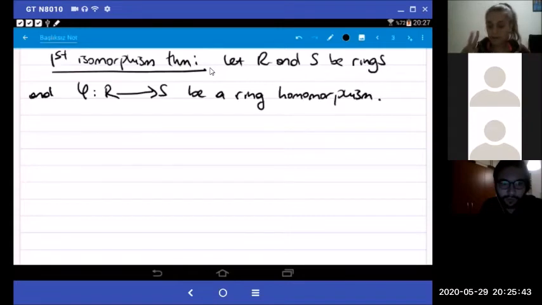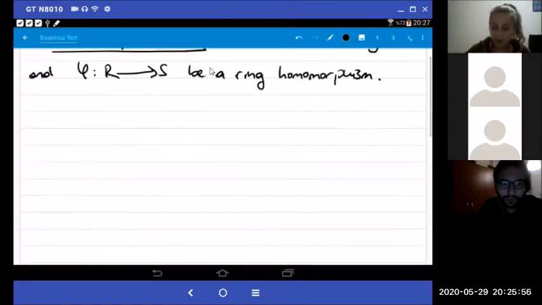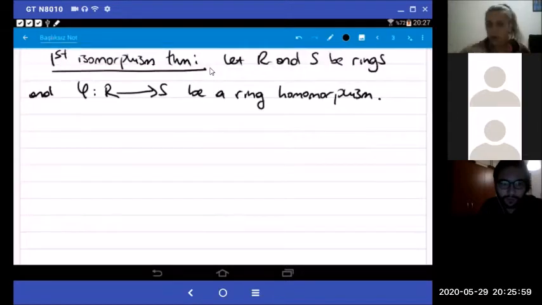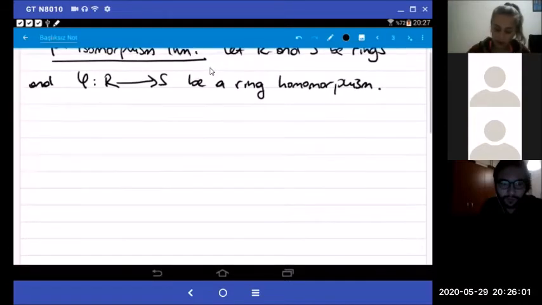Actually, there are two versions of the first isomorphism theorem. One is defined with epimorphisms, directly with a surjective homomorphism, but I prefer this one. I'm going to write down the surjective version also.